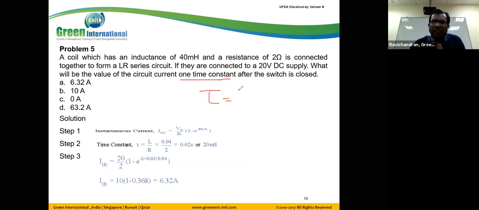Tau is equal to L by R, which is equal to 40 milli divided by 2. First step, we need to find this value.